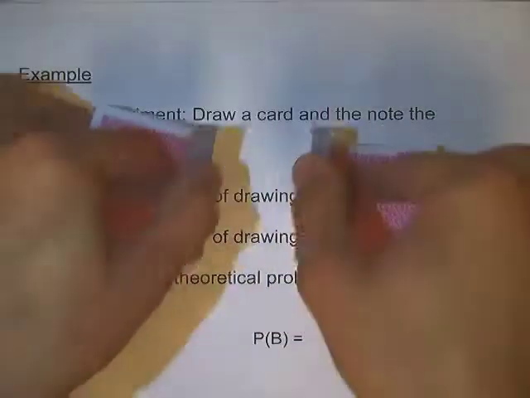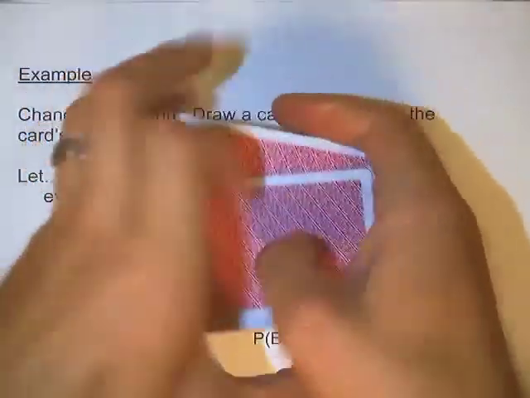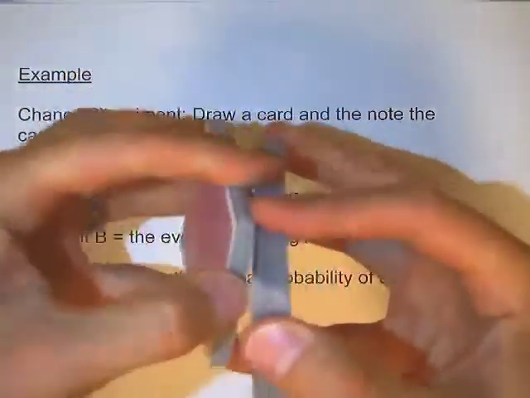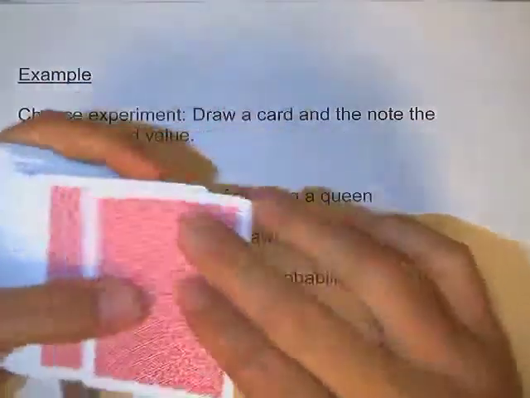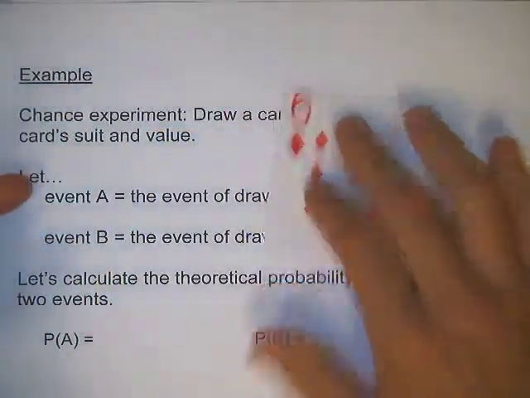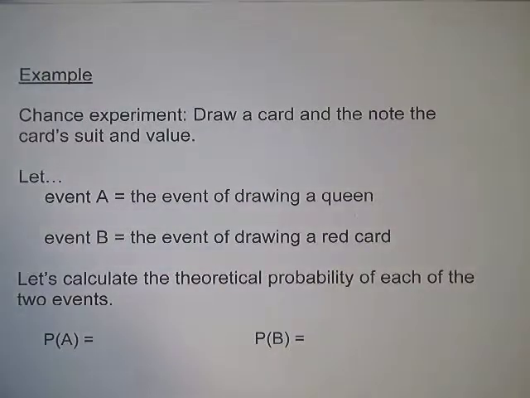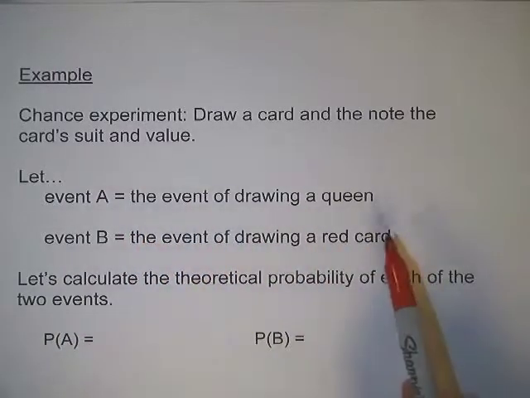If I wanted to do a second trial, again, I'd shuffle them up, and then I would need to draw a new card. All right, so if we now want to calculate the theoretical probability of each of the two events, let's look at the probability of A, the probability of drawing a queen.